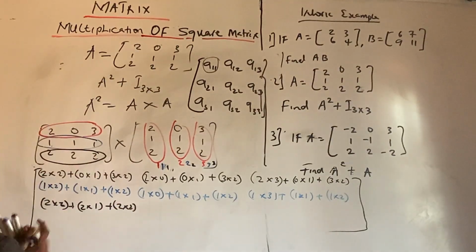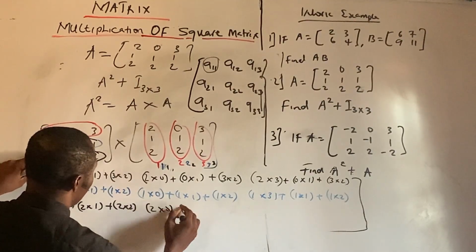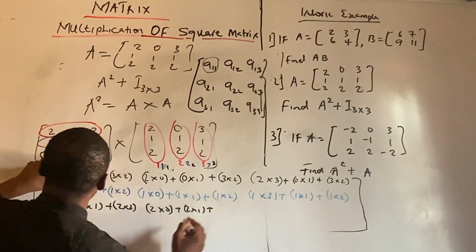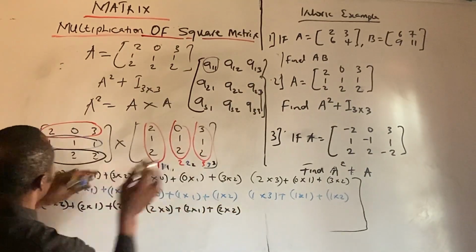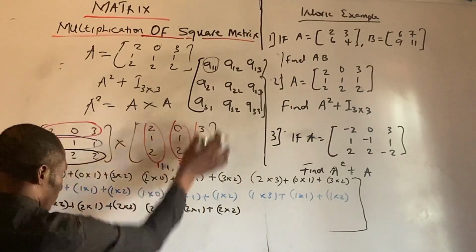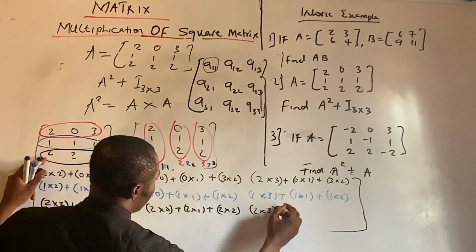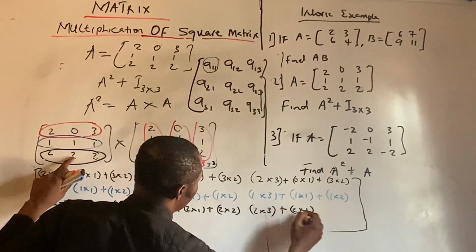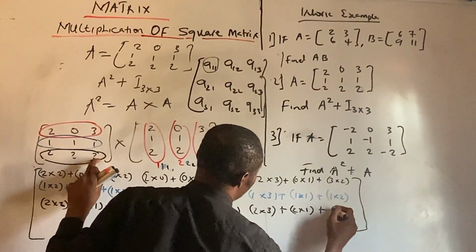We go to the next one: 2 times 0 plus 2 times 1 plus 2 times 2. Hope you are following the procedure. Now this to the last one: 2 times 3 plus 2 times 1 plus 2 times 2. All right, so we are through.